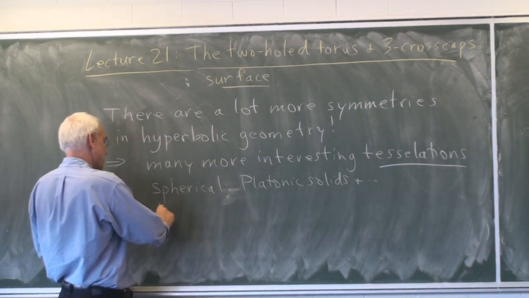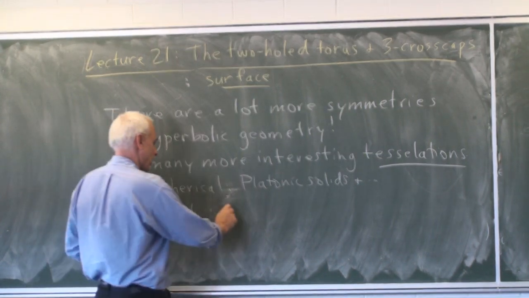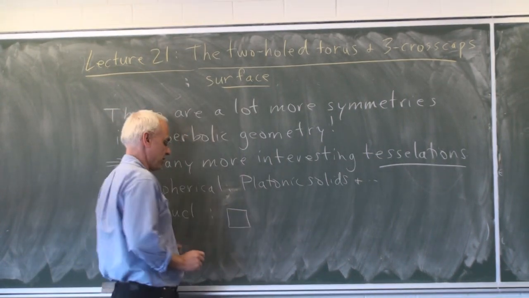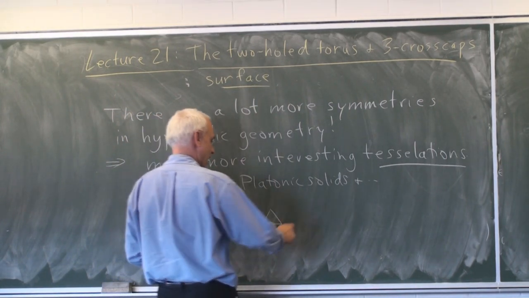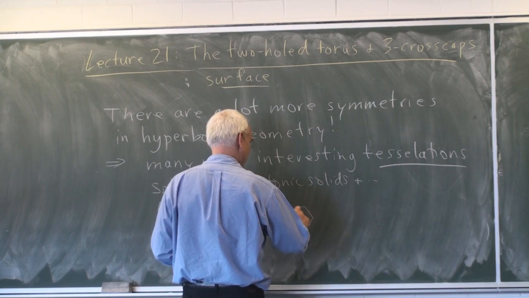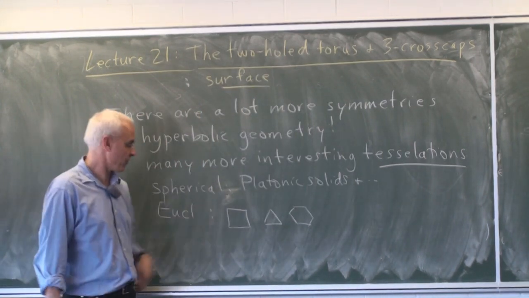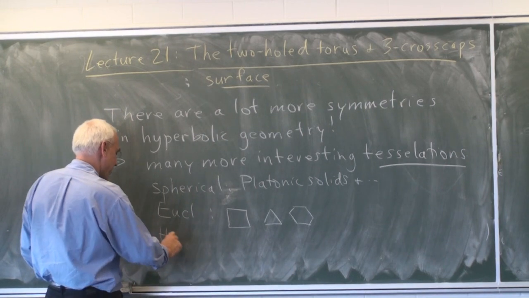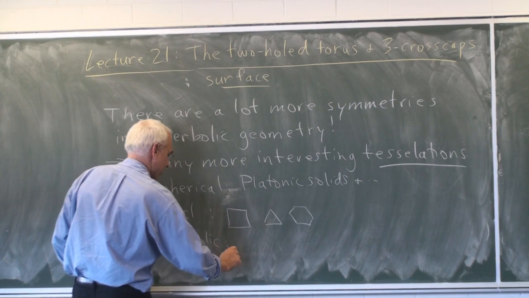And in the Euclidean case, there's essentially squares and equilateral triangles and hexagons if we're going to tile with regular figures in the familiar patterns. But in the hyperbolic plane, well, there are lots.